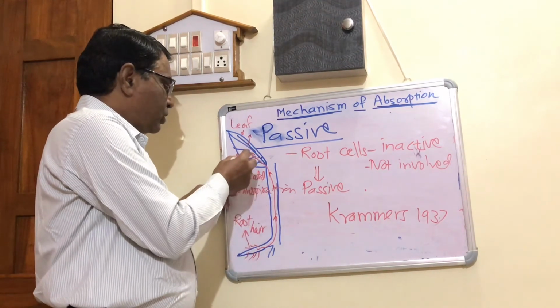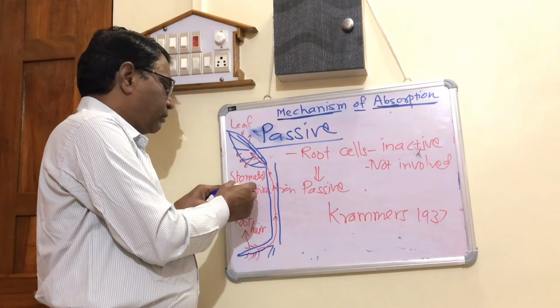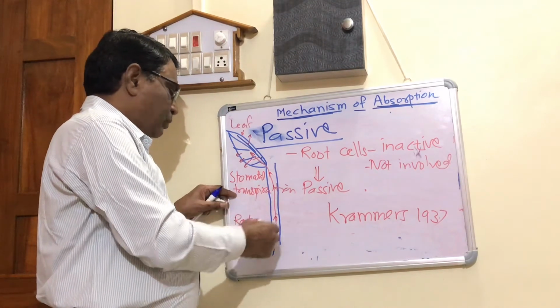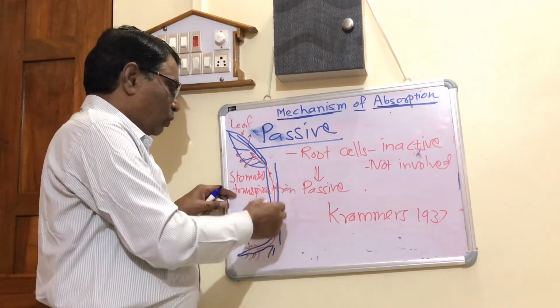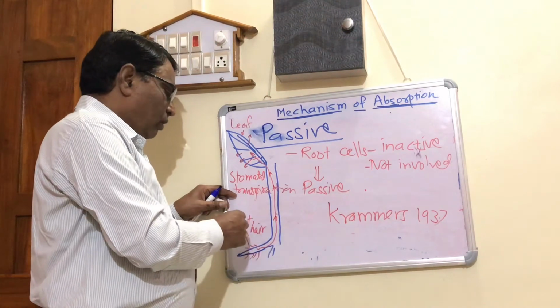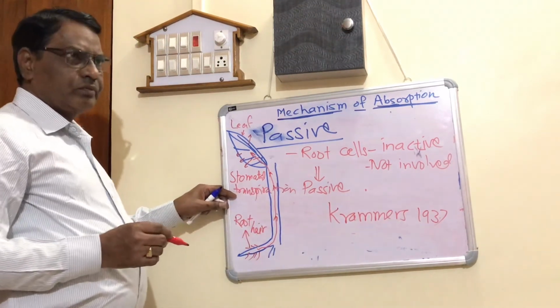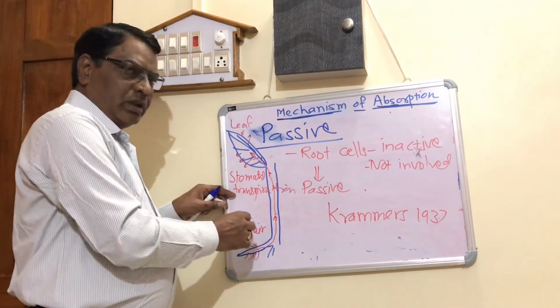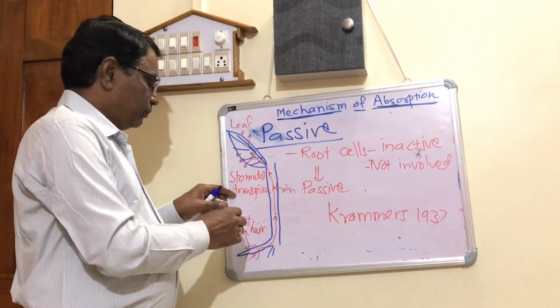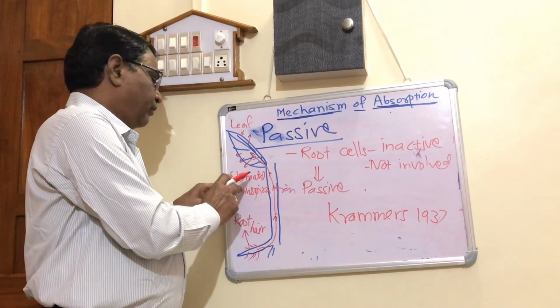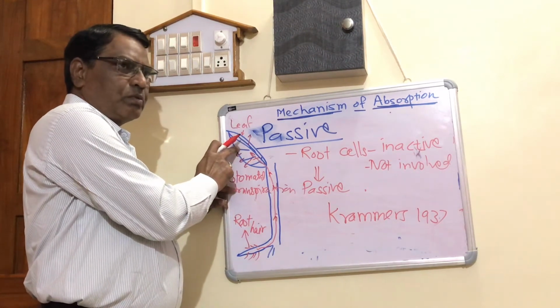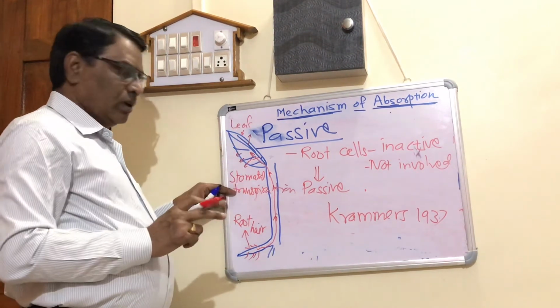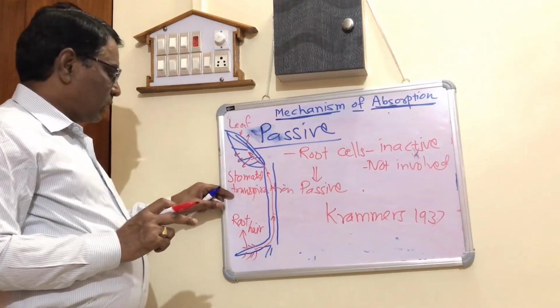Thus the force developed by the stomatal transpiration absorbs water through the root hairs without utilization of any energy in the form of ATP, but simply due to the force that is developed at the top of the plant body in the leaves through the stomatal transpiration.